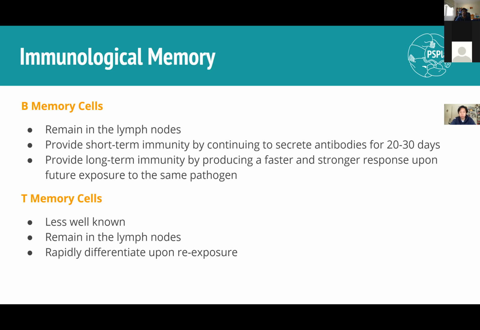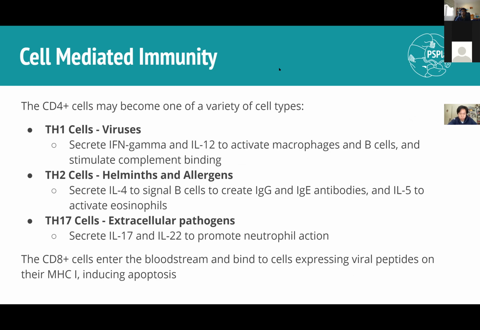All right, any questions? I have one in DMs here, which is, do we need to know specific functions of all these cell types? So like the different types of T helper cells, the T helper cell outcomes when they differentiate. It's probably useful to know.